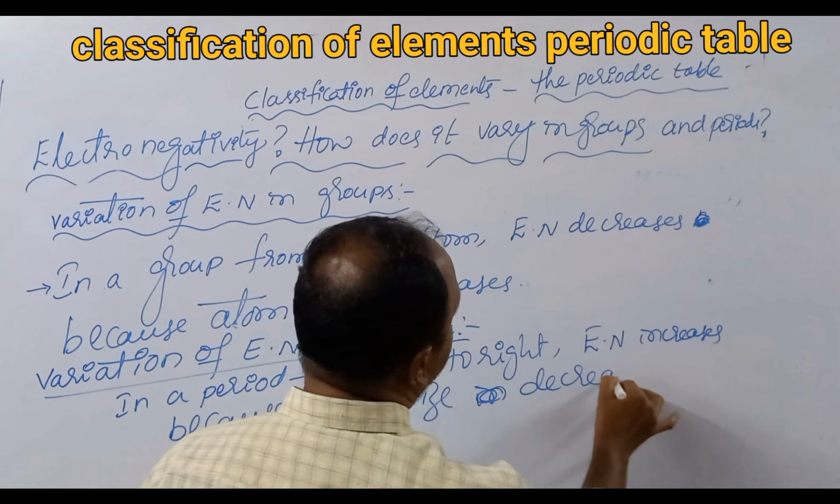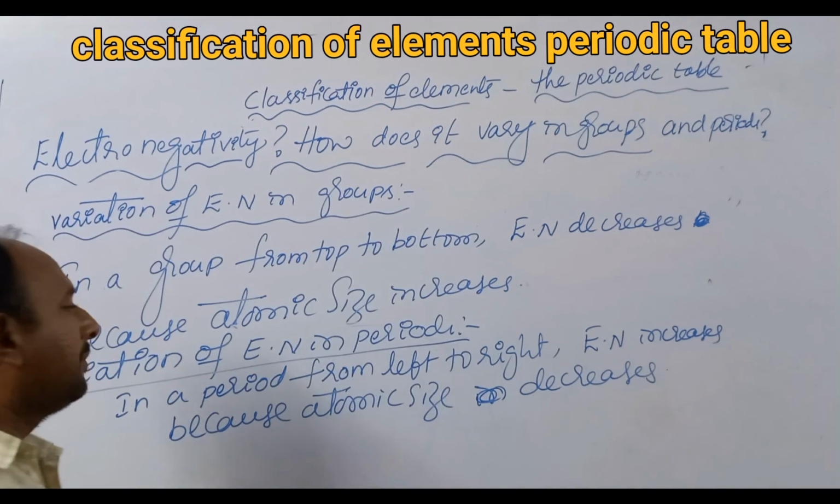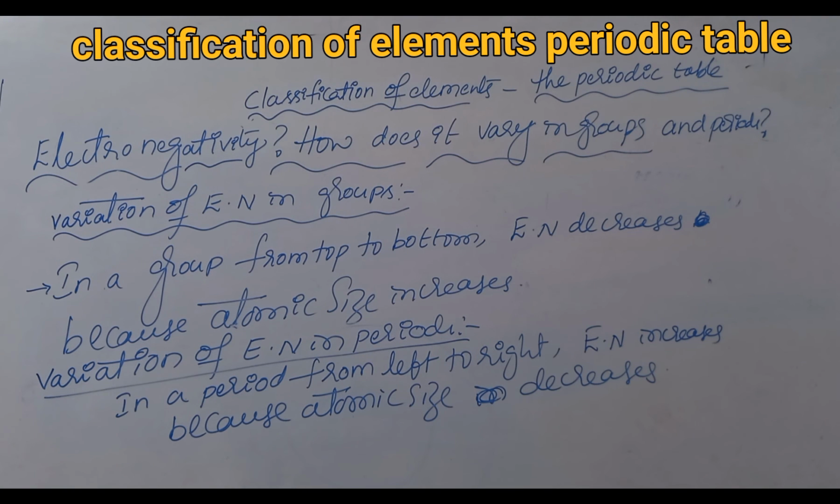In a period from left to right, electronegativity increases because atomic size decreases. As atomic size decreases, the distance between the nucleus and the outermost shell electron decreases. Then the attraction of the nucleus over the electron increases. That is why electronegativity increases. So this is what electronegativity is and how it varies in groups and periods.